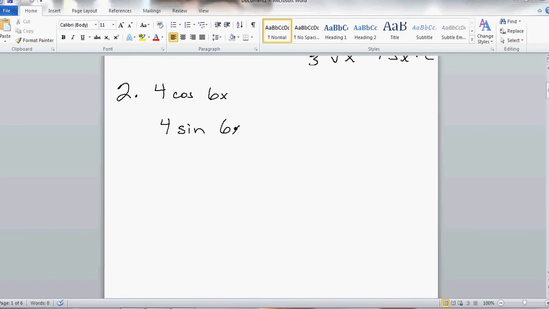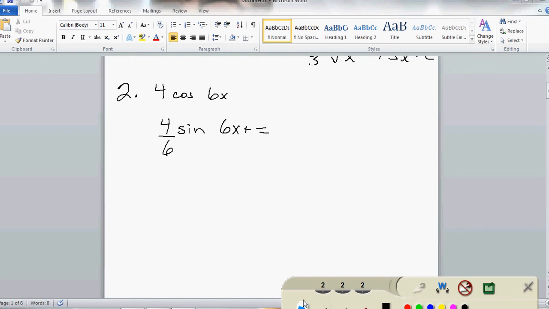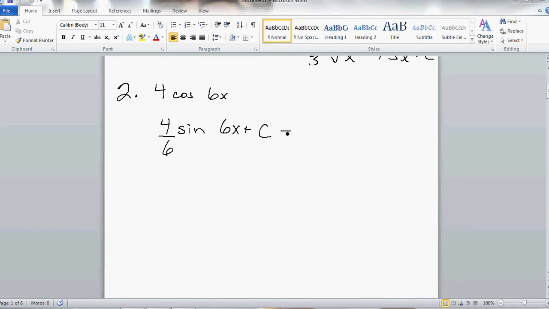That'd be sine of 6x, but then we have to divide by the derivative of the inside, or 6. And then plus c. Do not forget that plus c. Cleaning it up, we get 2/3 sine of 6x plus c. This one is rather simple in this particular situation.